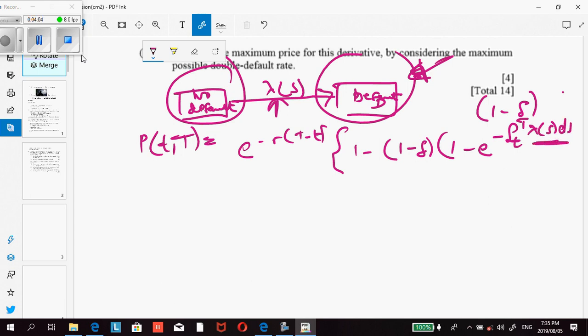So you are integrating your transition intensity with respect to S, and you close that.